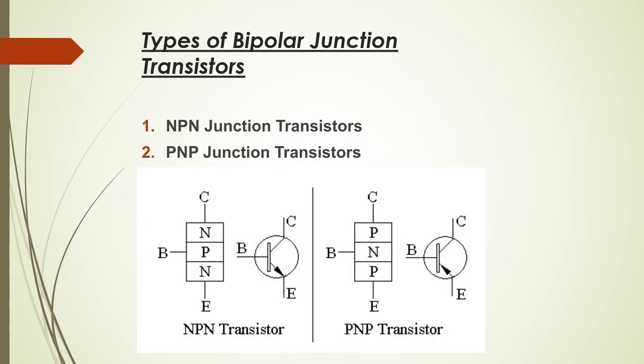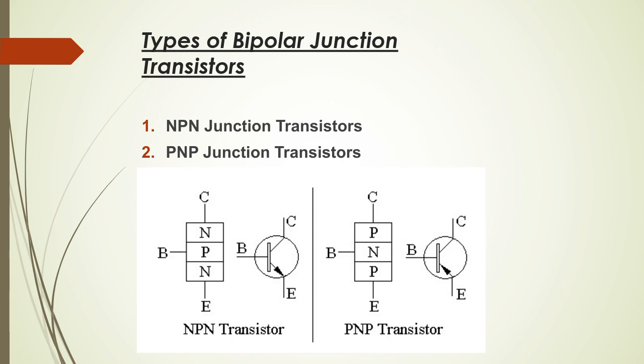The types of bipolar junction transistors. First one, NPN junction transistors, and second one, PNP junction transistors. The simple structure of these transistors is shown in the figure.